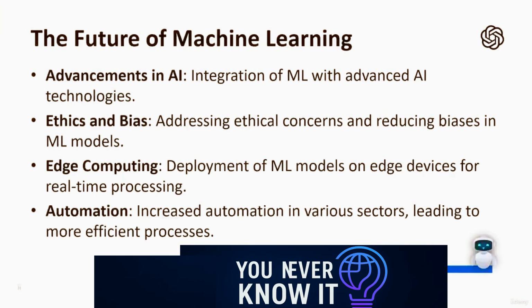The future of machine learning: advancements in AI, integration of ML with advanced AI technologies. Ethics and bias, addressing ethical concerns and reducing bias in ML models. Edge computing, deploying ML models on edge devices for real-time processing, when it is an IoT device or any other moving device.